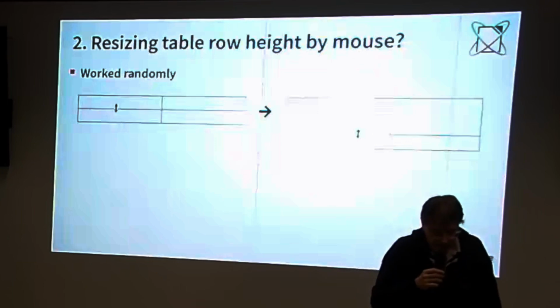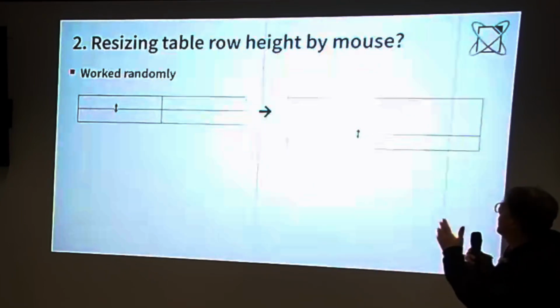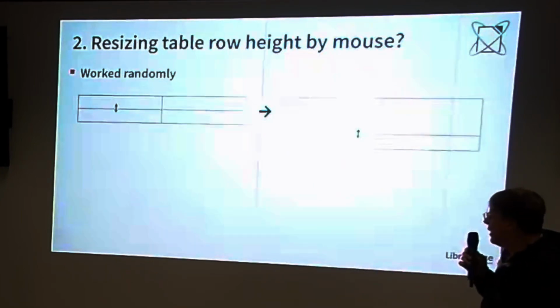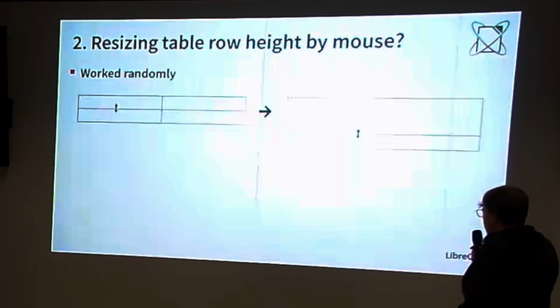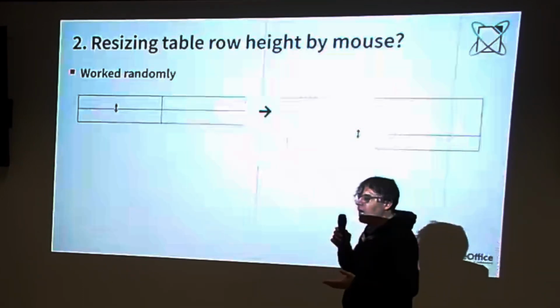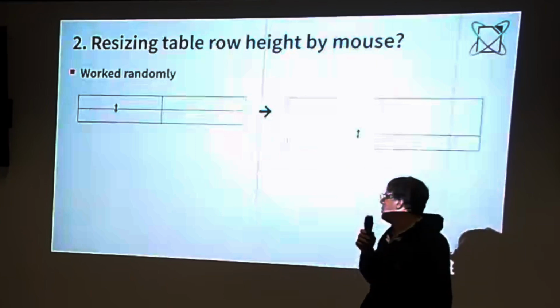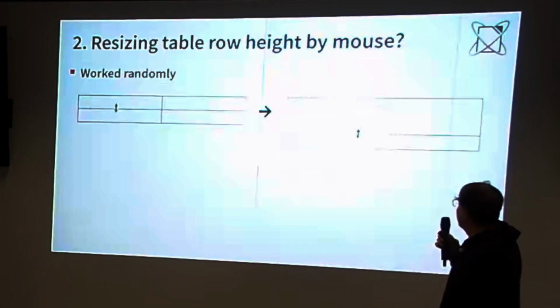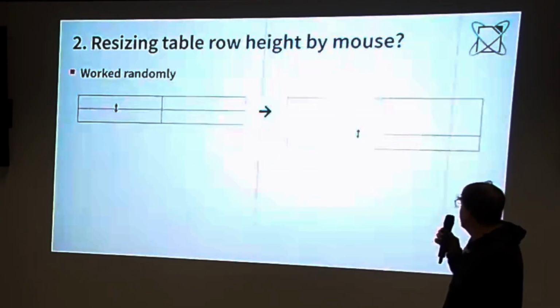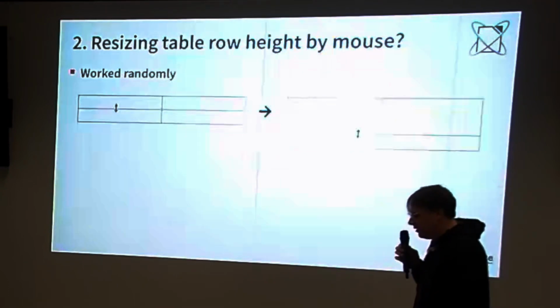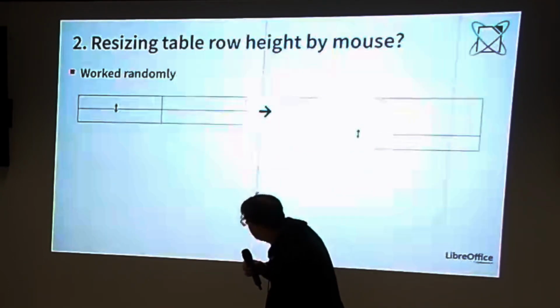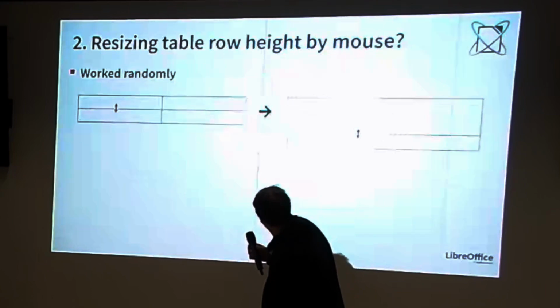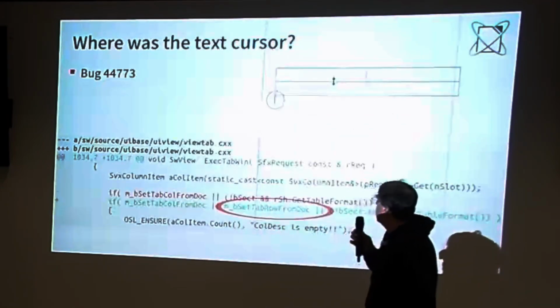But the interesting thing is that when I tried to resize, mostly the first try wasn't working, but after that the second worked. So it was cryptic behavior, but the solution was not so complicated.